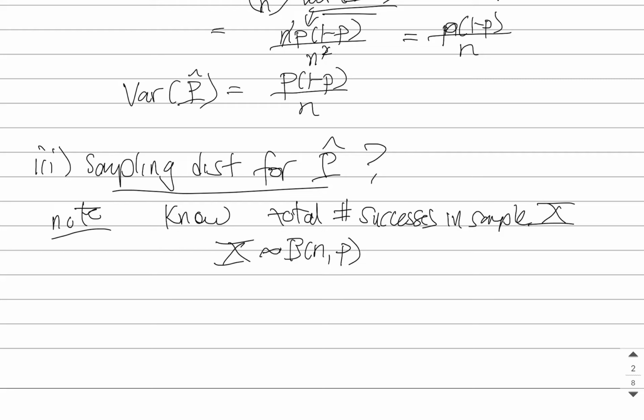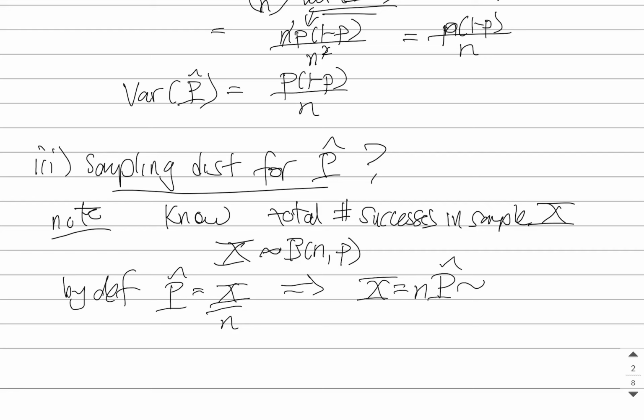Now, by definition, p hat, the sampling estimator that we are trying to use, is simply X over n, and that tells us that X is equal to n p hat, and that means that n p hat has to also be binomially distributed.